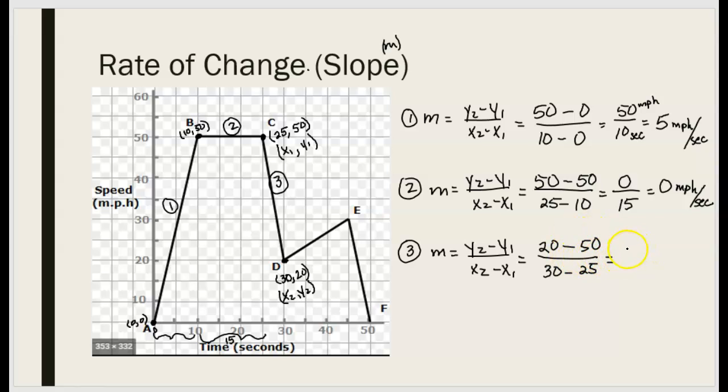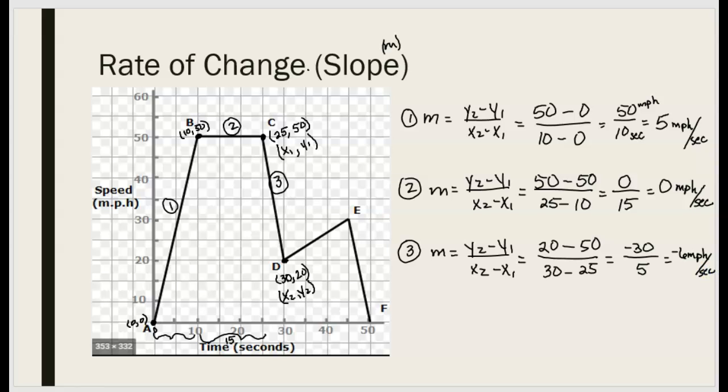So I'm going to end up with negative 30 over 30 minus 25, which is 5. This works out to 30 divided by 5 is 6, and this happens to be a negative value. So negative 6 miles per hour per second for that 5 seconds.